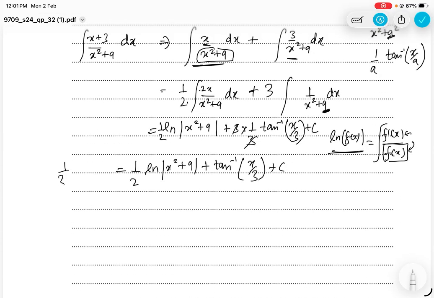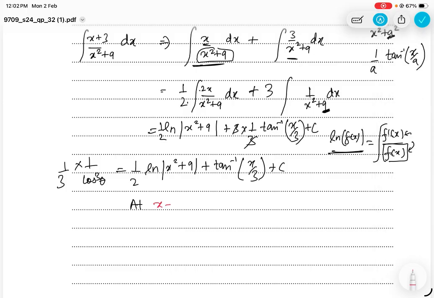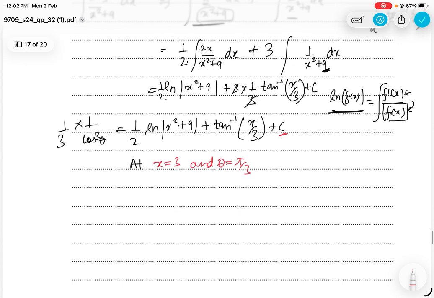And that equals 1 by 3 times 1 upon cos cube theta. Sec cube theta is 1 upon cos cube theta only. Agreed or not, learners? Now, at x equals 3 and theta equals pi by 3, we have to calculate the value of c, right? So plug it in.